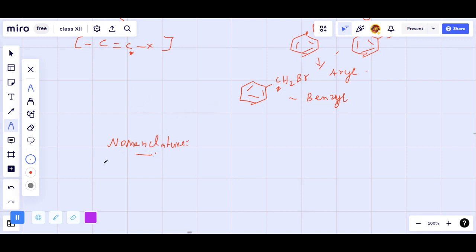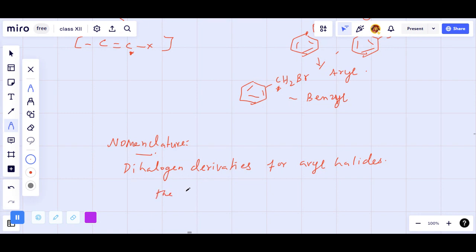If it is a dihalogen derivative of aromatic or aryl halides, how are we going to give the name?